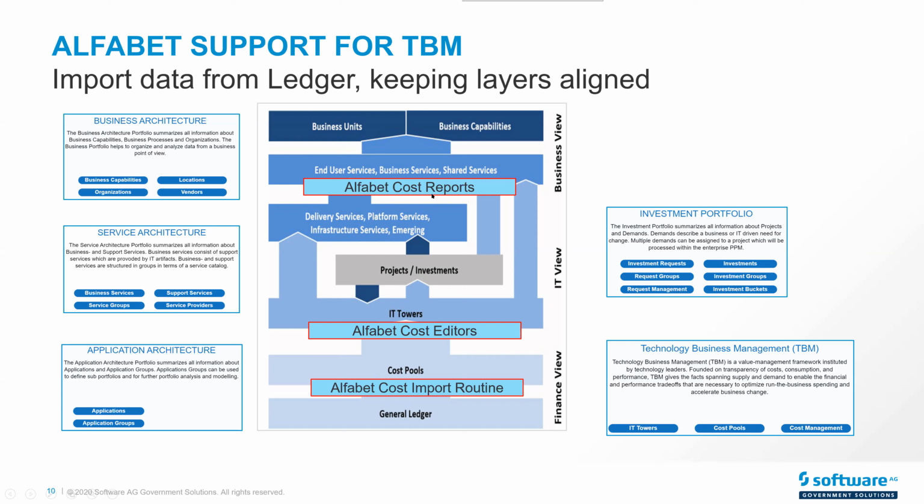You can generate these outputs and visualizations on the screen, and if necessary, export them to a format such as PowerPoint or an Excel sheet that you can take to meetings to have more detailed conversations about how the costs are being managed in Alphabet.